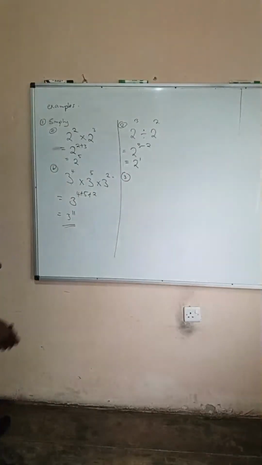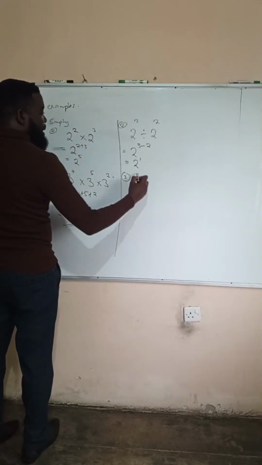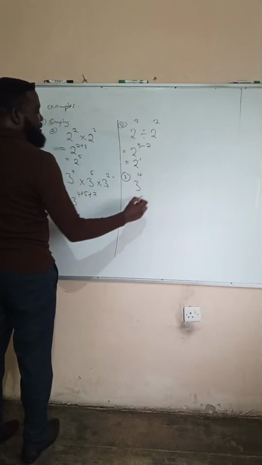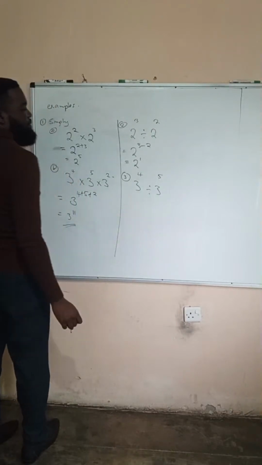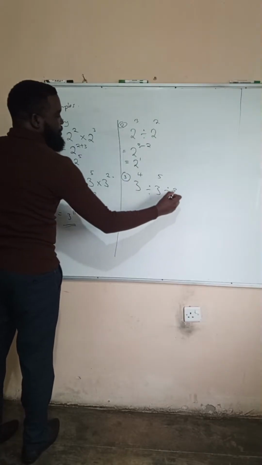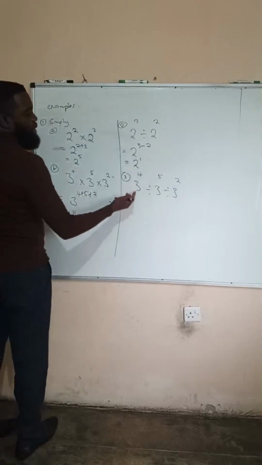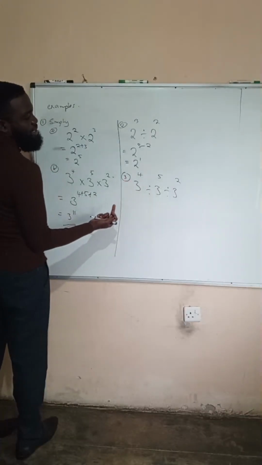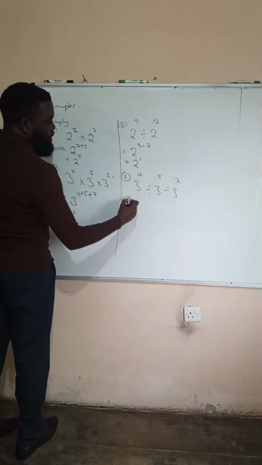If I write 3 to the power 4 divided by 3 to the power 5, also divided by 3 to the power 2, how do you solve this? First you check, I'm dividing powers having the same base. Base is same, but I'm dividing.